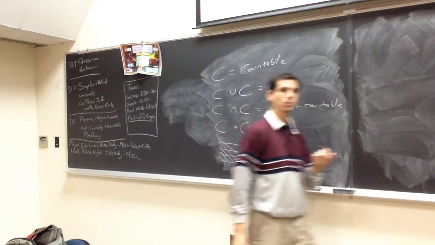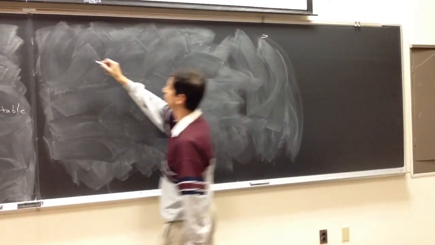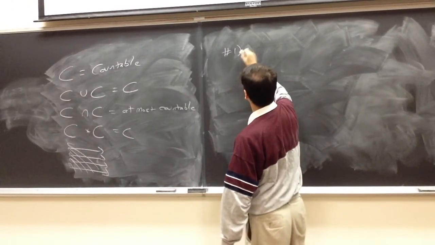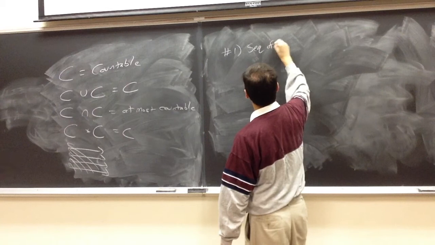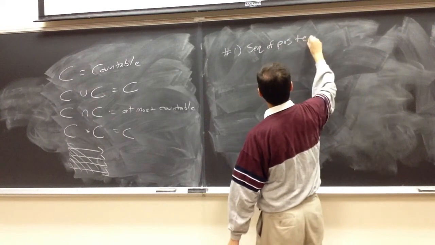All right, so what I want to do now is do 3 problems involving countable and uncountable. So number 1, you have a sequence of positive terms.